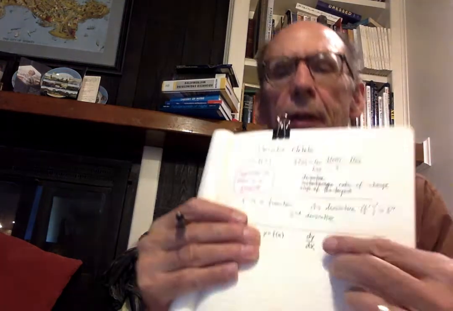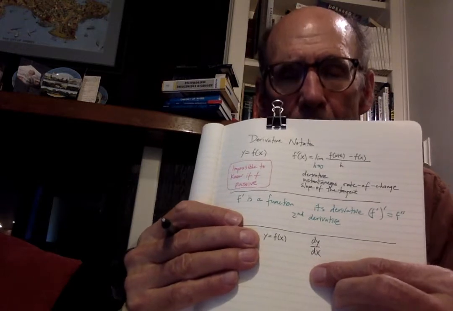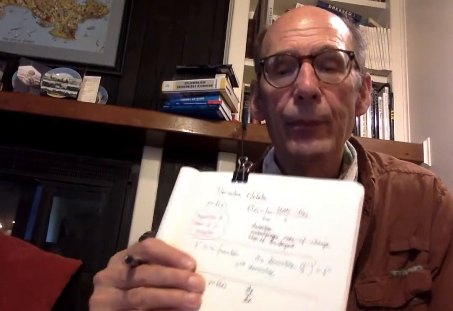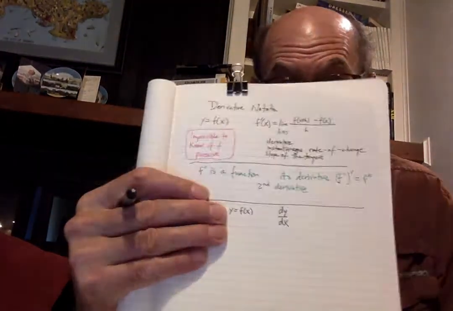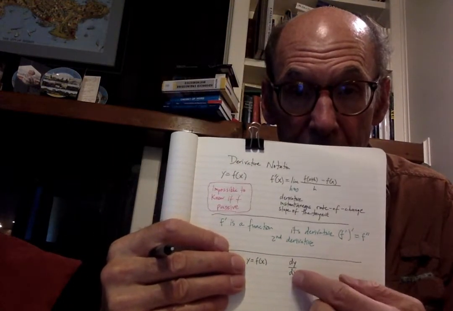There are three different ways that you can use this Leibniz notation. And so one way that you can do it is to say the derivative is dy by dx, not dy over dx, it's by dx. And that is a very useful thing because it tells you what the variable is. You'll see why this is important in a minute or two.